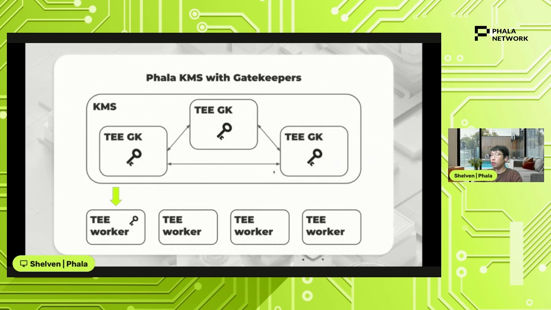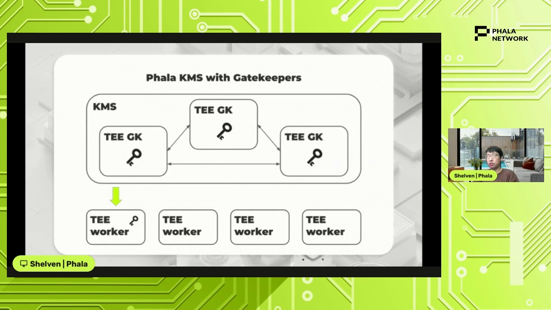So let's see what happens under this model. First, we can have a standalone key management service. In Phala's case, we also use TEE to constitute this service. We have some special nodes called gatekeepers.